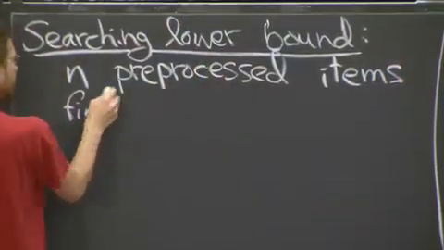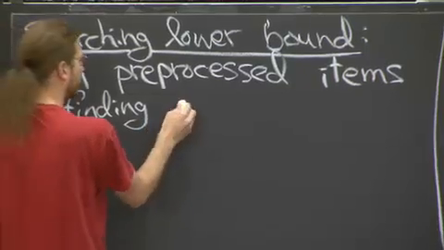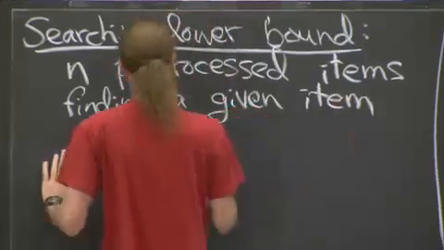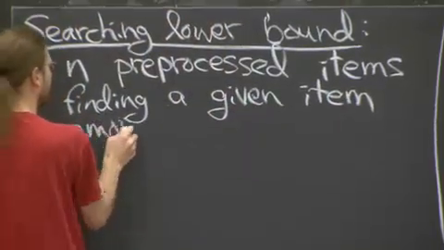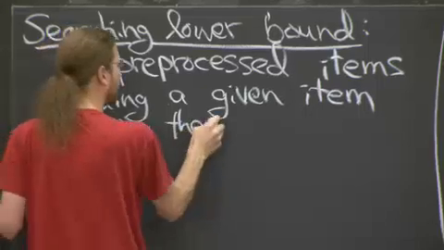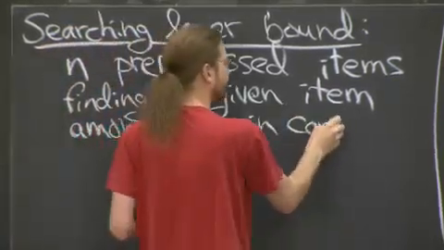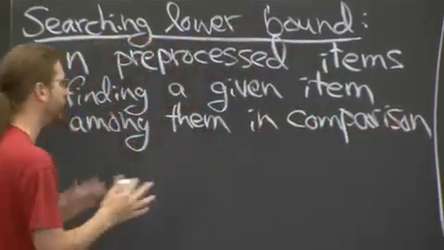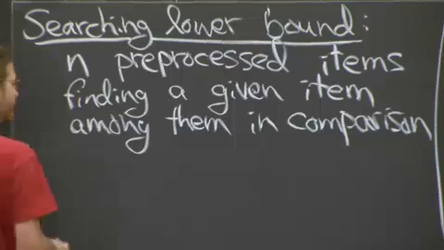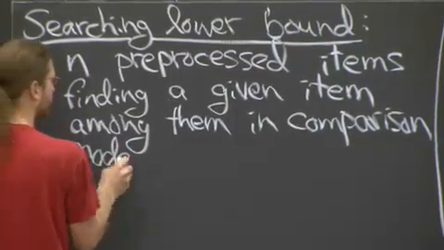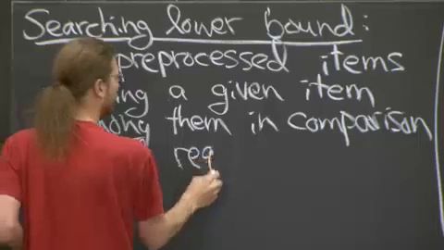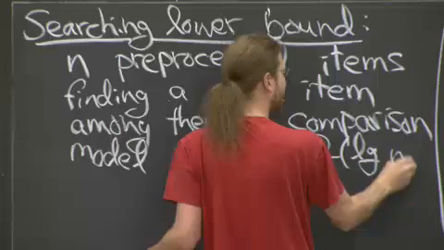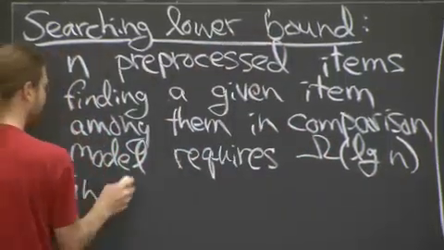Then finding a given item among them in the comparison model. So all you're allowed to do are compare items and other stuff. But the only things you're allowed to do with the items is compare them. Requires omega log n comparisons in the worst case.